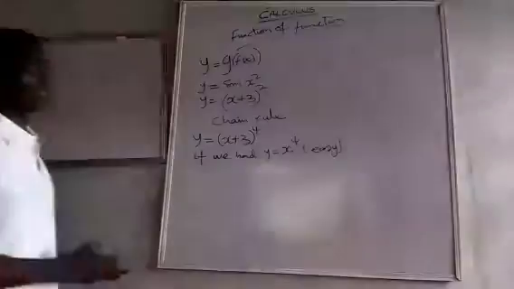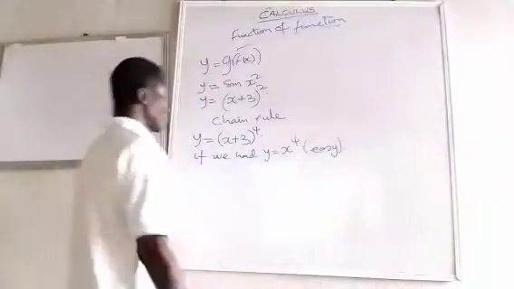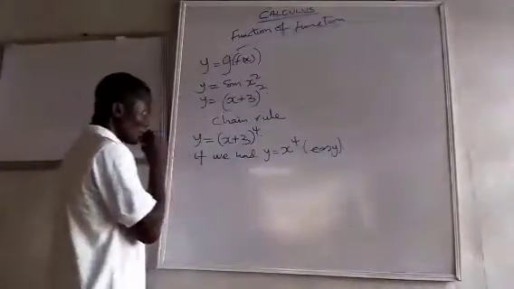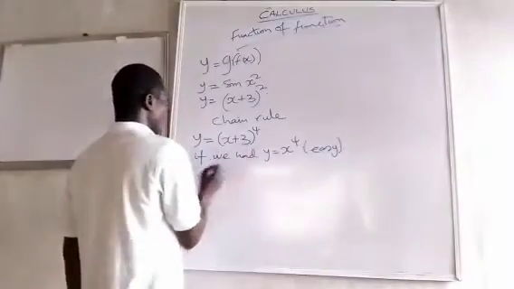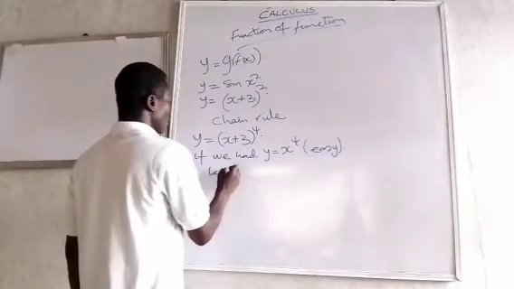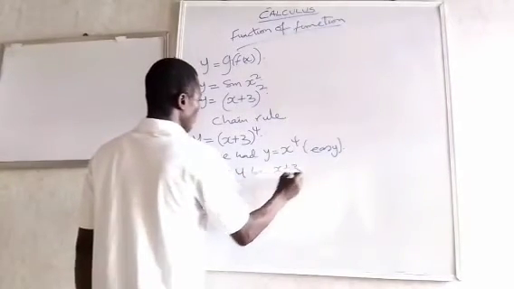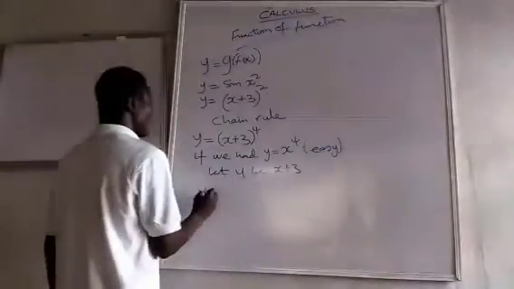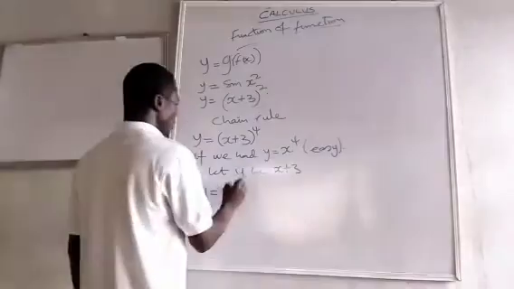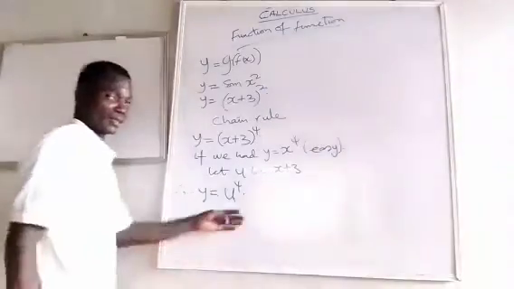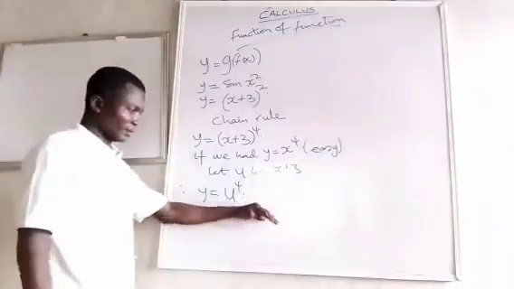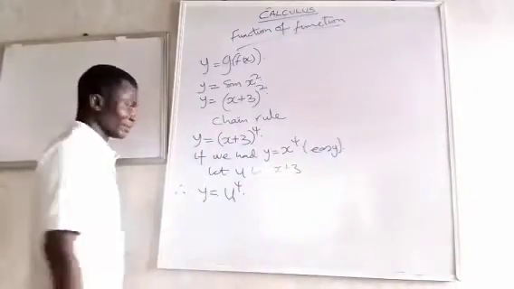For this one, we will need to do expansion and expansion and expansion. So instead of that, what do we always do? We will write it like this. Let u be x plus 3. Therefore, y will now be equal to u raised to the power 4. You can see, very easy. Under differentiation, everything is very easy.